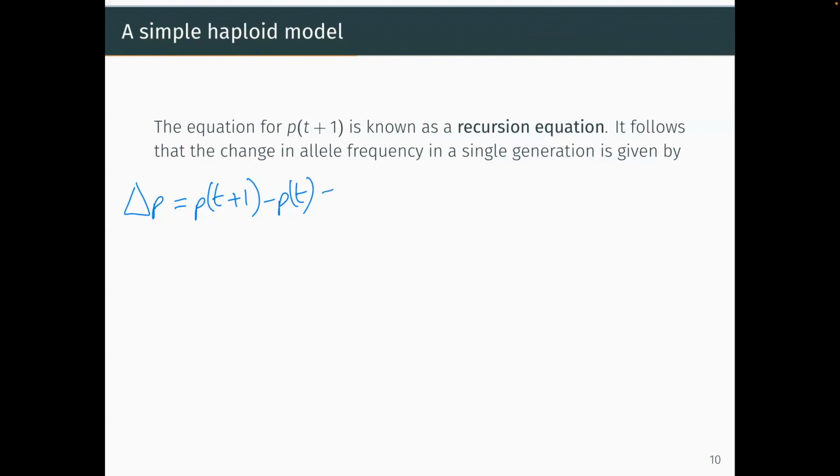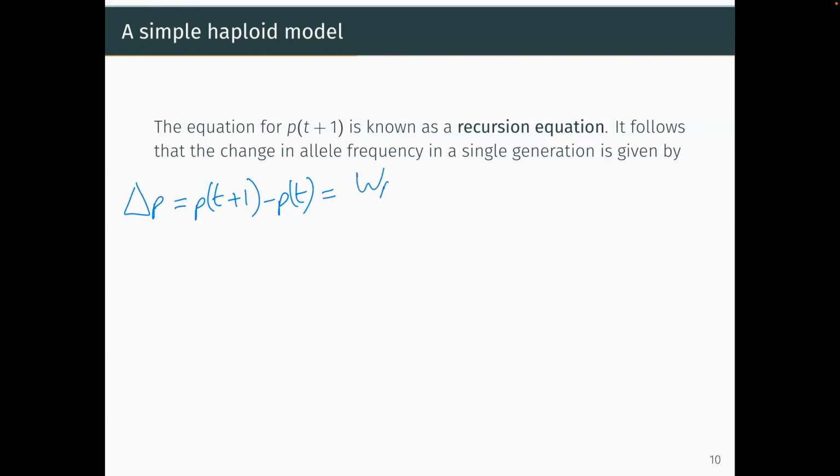Again, this is just a bit of algebraic manipulation. We have an equation for P of T plus 1 from the previous slide. In fact, I'm going to go back to our absolute fitnesses rather than our relative fitness, because there are various reasons we might want to work with one versus the other. But for simplicity, I'm going to stick with absolute fitness.